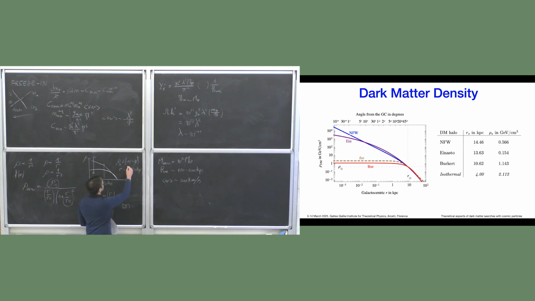So the local dark matter density nowadays is basically between 0.3 and 0.4 if we take, let's say, a 1 sigma variation. If you want to be generous and more conservative, probably you have a range between 0.2 and 0.6. And the units are GeV per centimeter cubed.